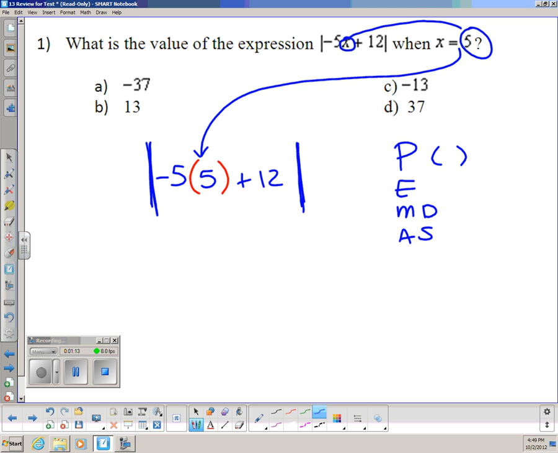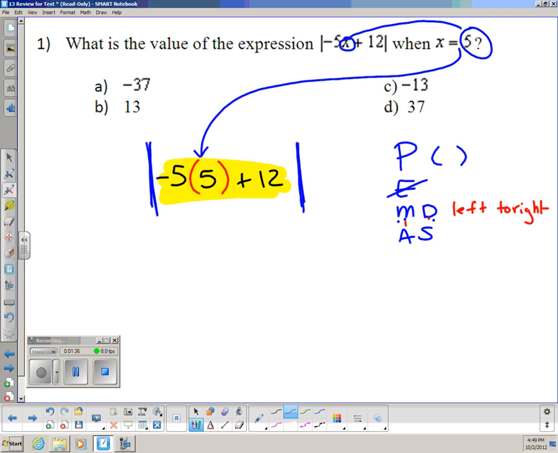So I must follow order of operations inside the absolute value bars. There are no exponents, so I will cross that off the list. And now I'm looking only inside of the absolute value bars. So I'm only looking at this. And now I will look for any multiplication or division problems, and I will do them from left to right.